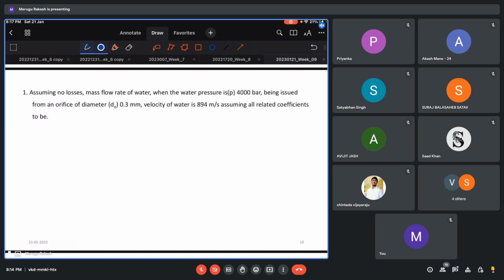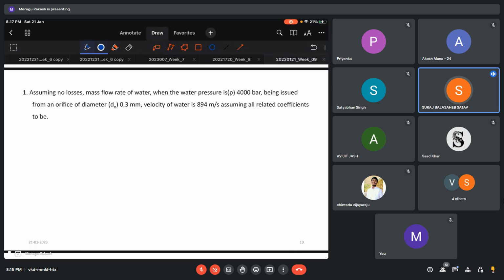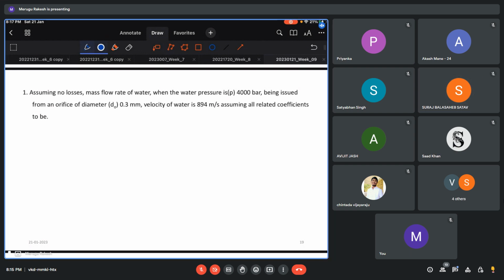It should not take much time. Did anyone get the answer? Sir, I am not getting it. So, what is the mass flow rate of water when they have given a water pressure of 400 bar, being issued from an orifice, diameter is given, velocity is given?